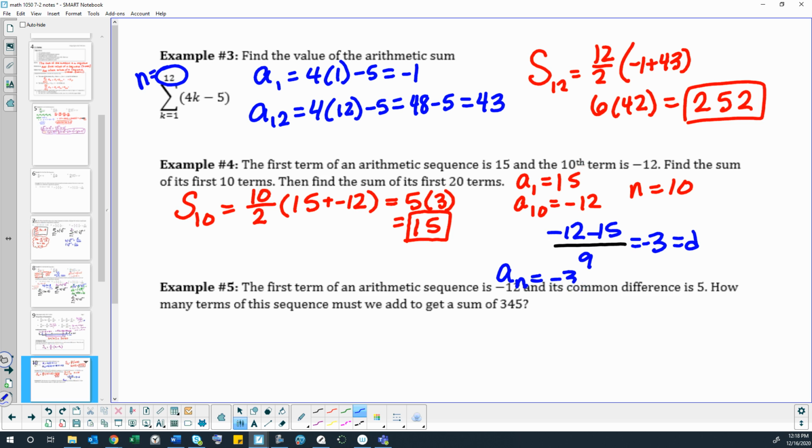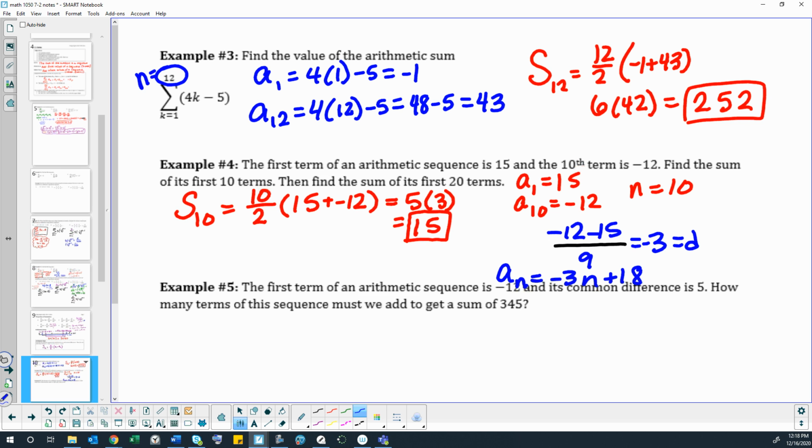Okay, so that's going to be negative 3n, and I need the number to start at 15. So what number do I need to put on this so that when I subtract 3 from it, I have 15? 18, right? So there's my formula. So what's the point of having the formula?